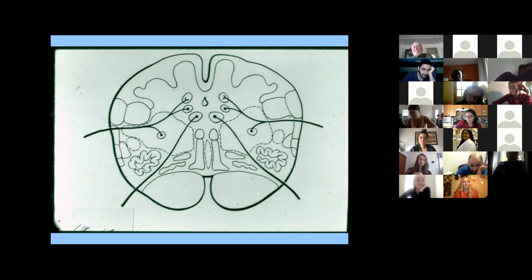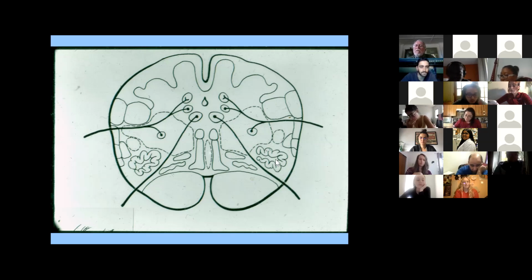So now, what is the inferior olivary complex and why is that important? Well, there are two major types of fibers that leave the olivary complex and they travel up to the cerebellum.